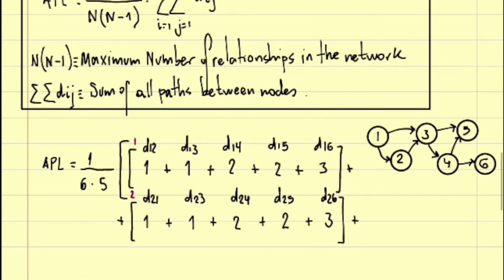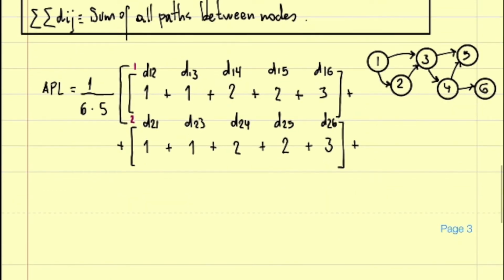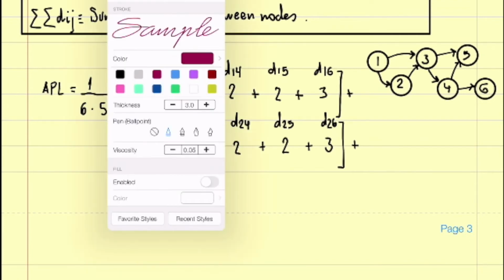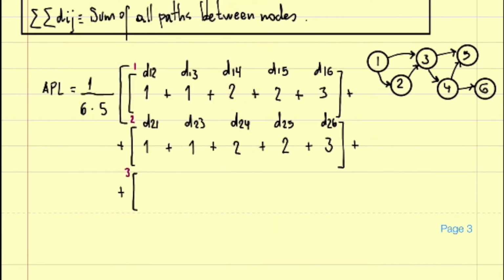Plus, continue with node number 3. Distance between 3 and 1 is 1. Plus distance between 3 and 2 is 1.